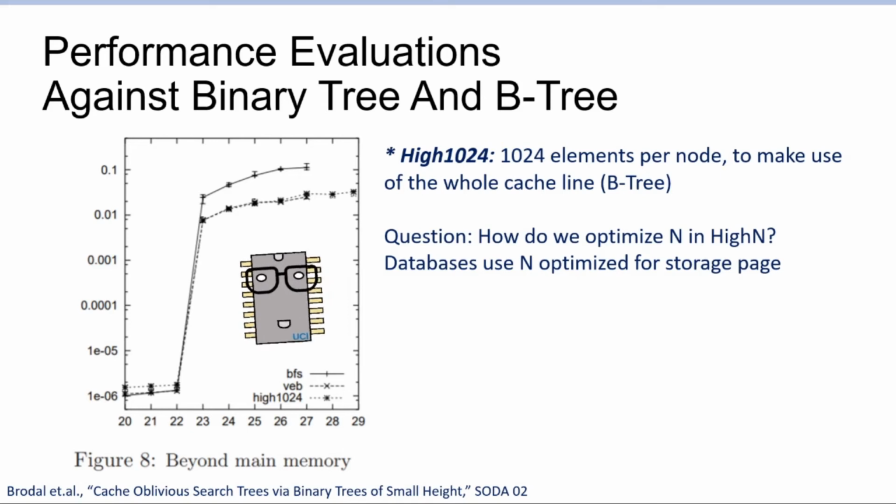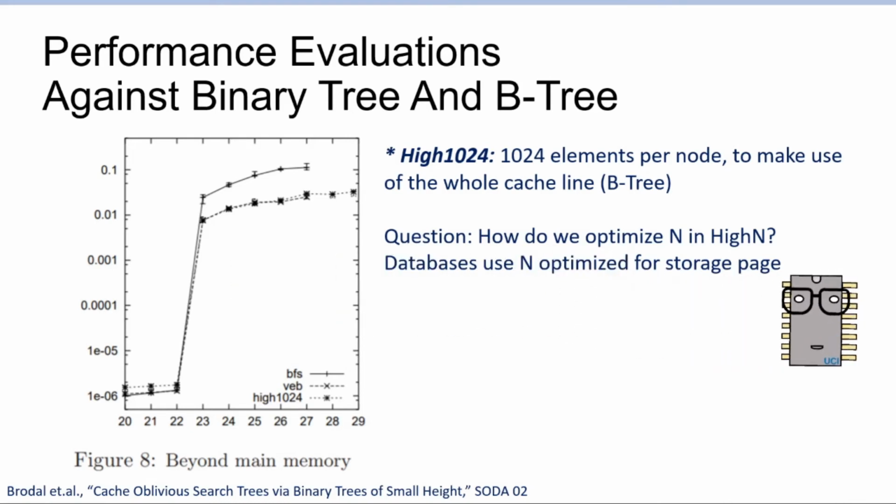But if you want to have an algorithmic solution that adapts to whether the data is coming from storage, or off-chip memory, or cache, automatically, without having to know things like cache line sizes or the size of the storage pages, this is an absolutely elegant algorithmic approach to solving this problem.